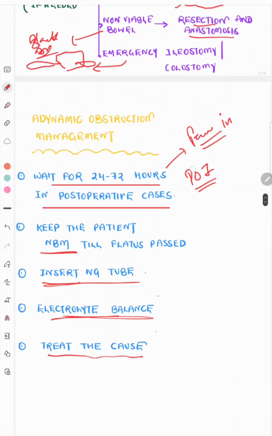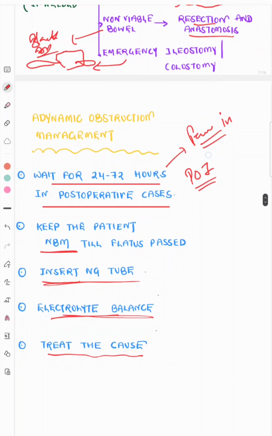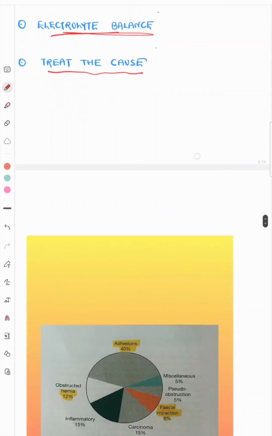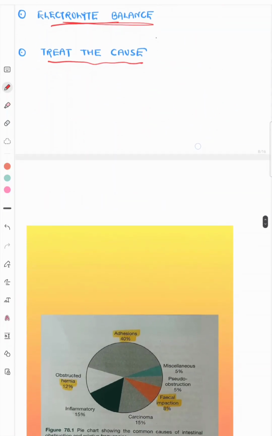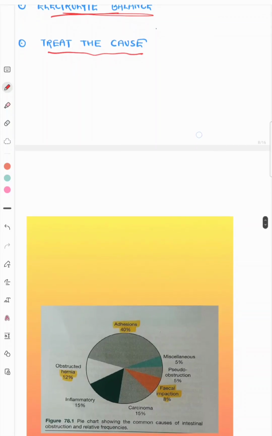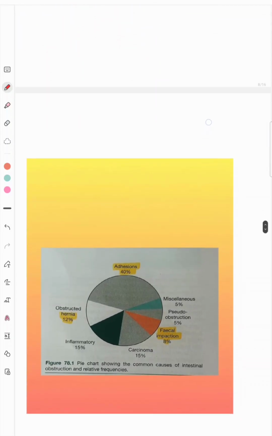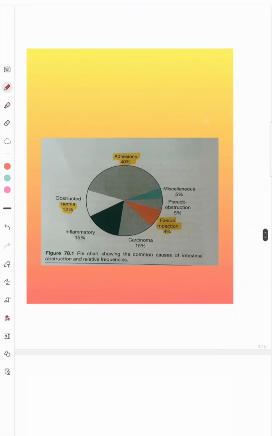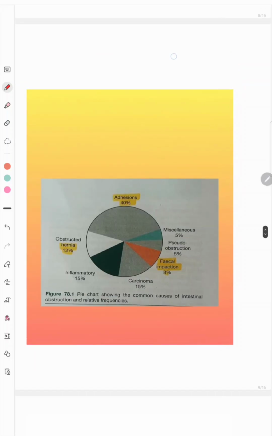So this finished the theoretical part. Let's discuss the images which give you more confidence to attempt the questions. So it is the slide showing the causes of obstruction. As I discussed, adhesions are the most common cause, 40%, and hernia, obstructed hernia, 12%.